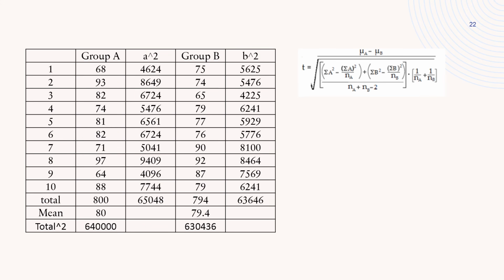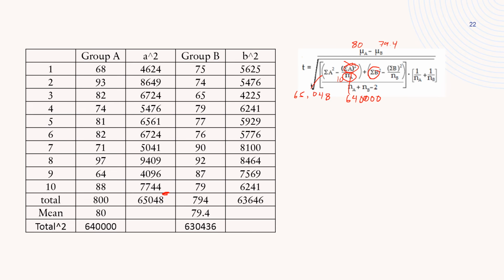First, let's see if we're still lacking values for our formula. You have the mean of A, that's just 80, and the mean of B, which is 79.4. You have the sum of squares, which is over here, 65,048. You have the total squared, which is 640,000. You have the number of observations for set A, that's 10.